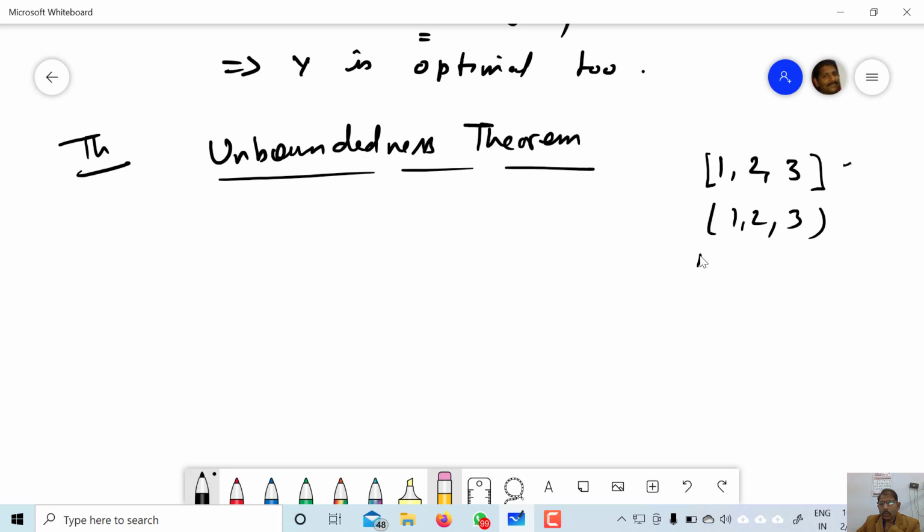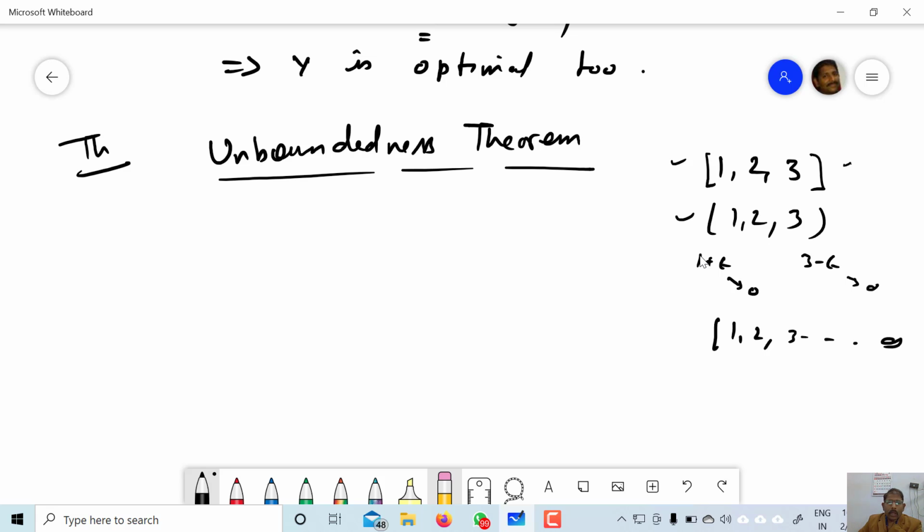That means 1 plus epsilon is inside the set, 3 minus epsilon is also inside the set, where epsilon is tending to 0, but actual 1 and 3 are not in the set. So this is open and this is closed. What is unbounded? Unbounded means if I write 1, 2, 3 up to infinity, we don't know what the upper limit is, therefore it is unbounded.